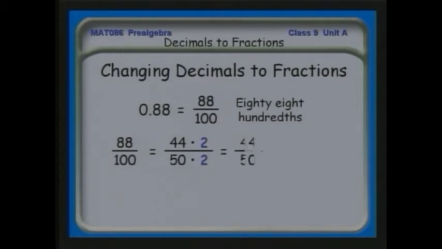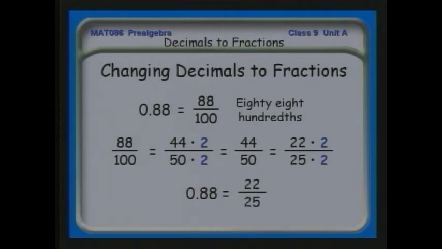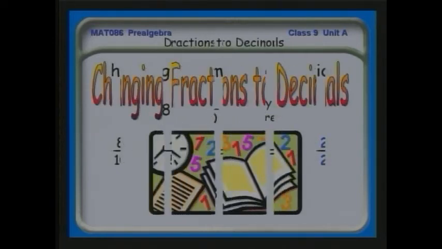I see that what I have is still divisible by 2. I can pull out another 2 from numerator and denominator, and I can't go any further than that because 25 and 22 have no other mutually divisible factors. I can say then that 0.88 is equivalent to the fraction 22 25ths once I've reduced it to its lowest terms. And this is the general procedure for changing decimals to fractions.